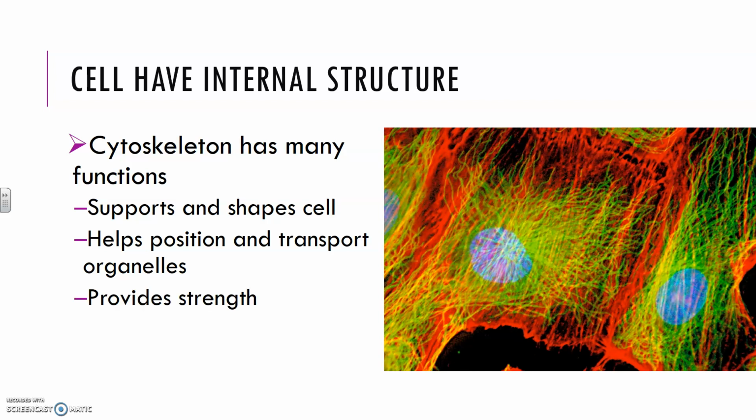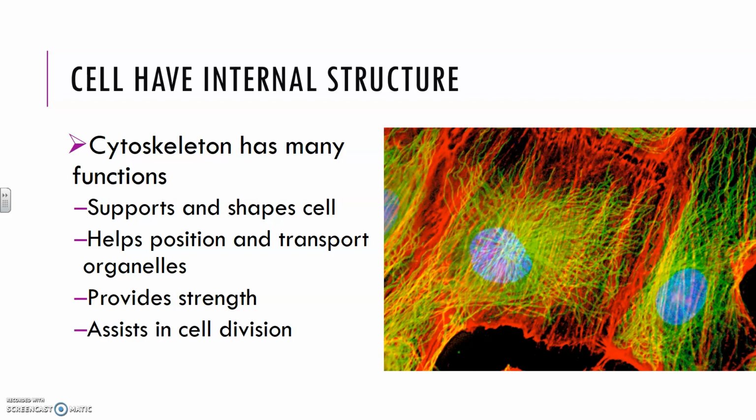wherever they need to be. It also provides strength for the cell, because the cell can move by stretching out and then coming back together, stretching out, coming back together. During all of that, it can be stressful on the cell, so the cytoskeleton absorbs a lot of that and provides the strength of the cell itself.